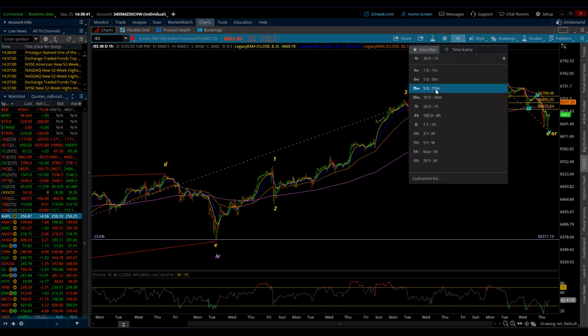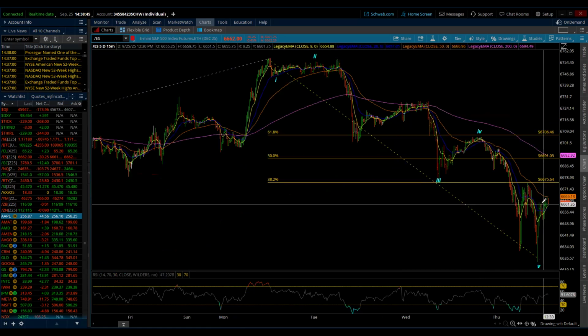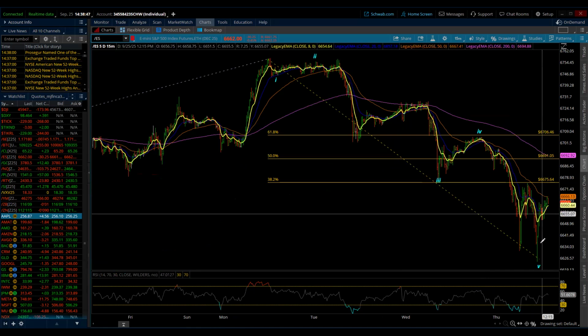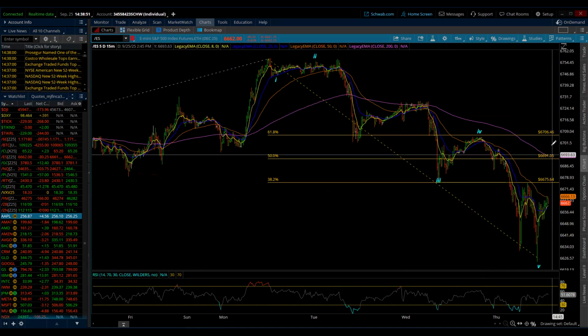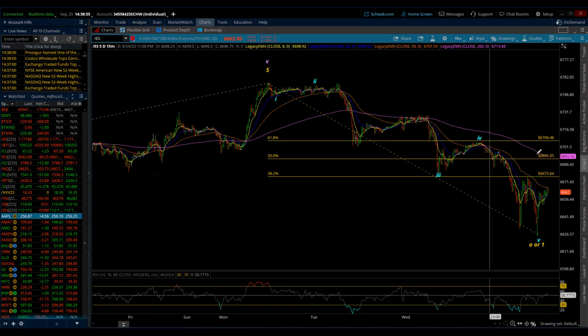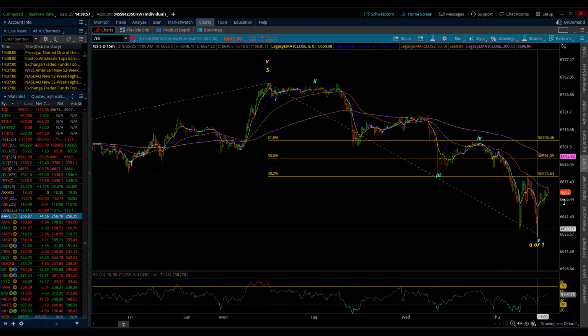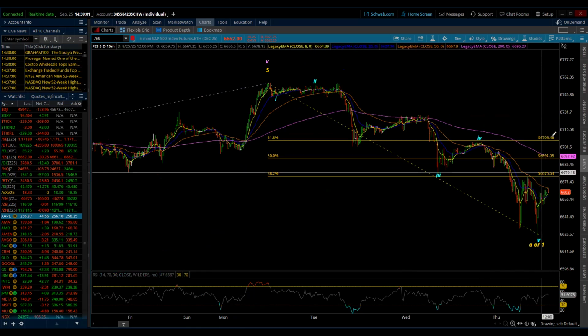Now, breaking it down to that 15-minute chart, looks like it's probably kind of coming up there now. And either that's an A and a B, and we got a 1, 2, 3, 4, 5 for a C wave to put that B wave in place. But I got to let the market tell us. So again, these are the resistance levels coming back up.